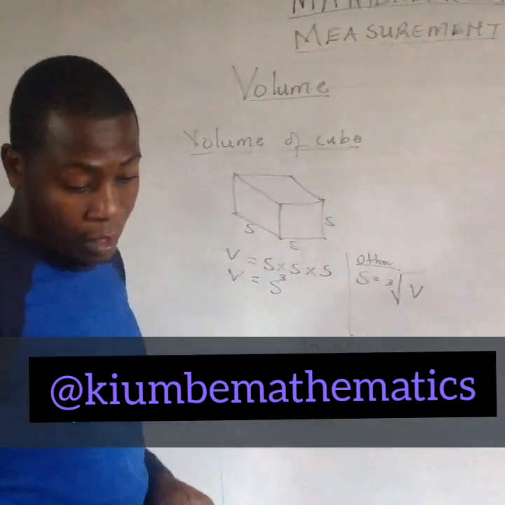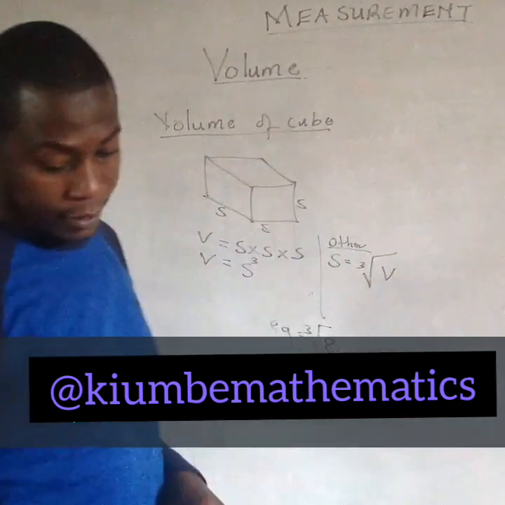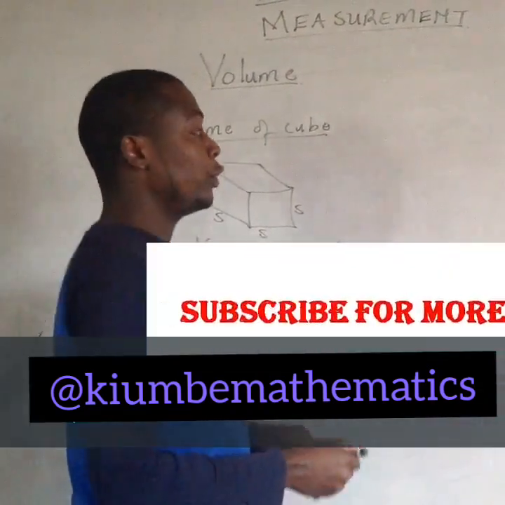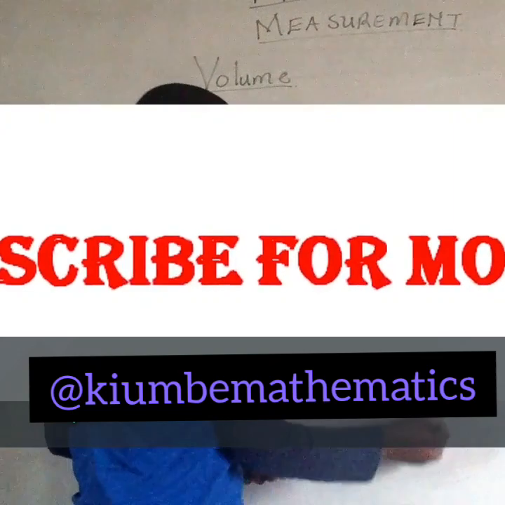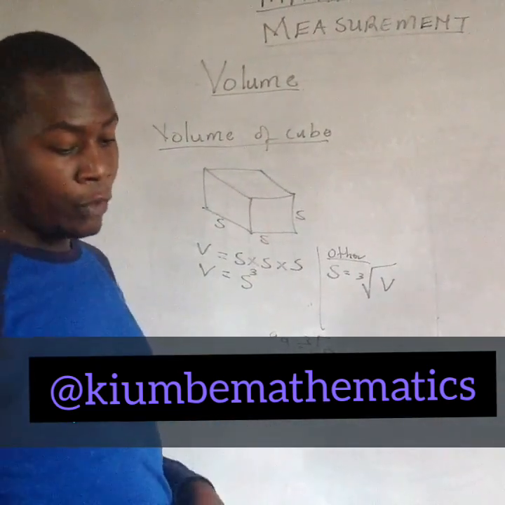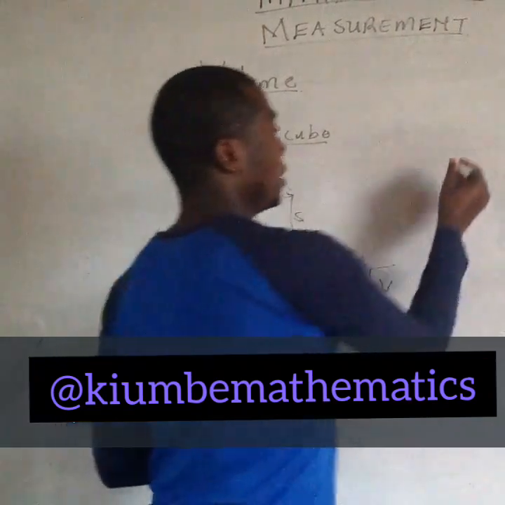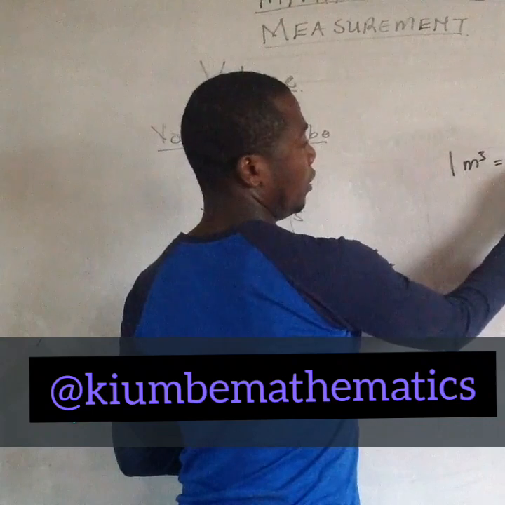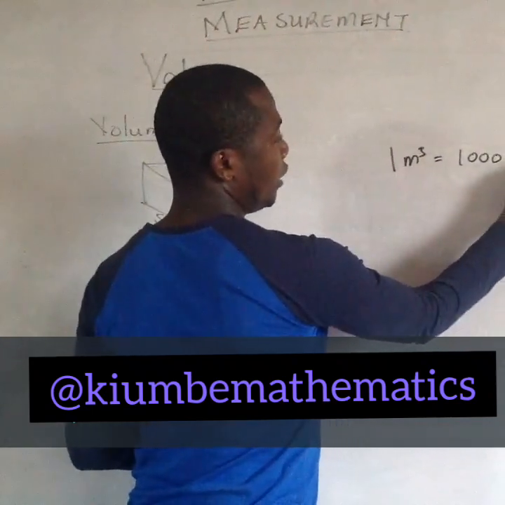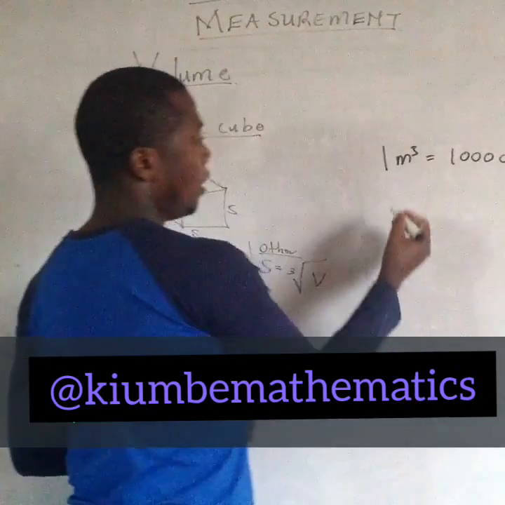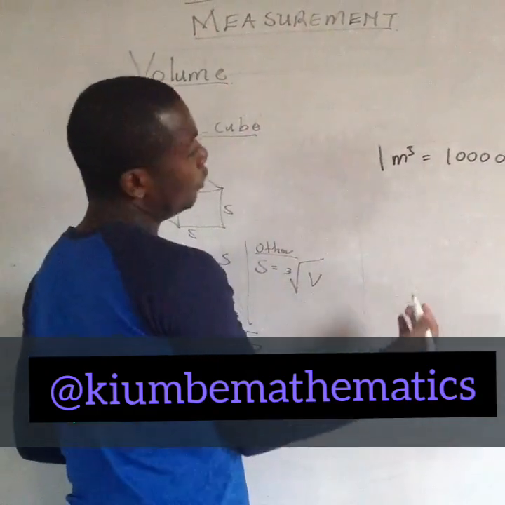So, to do that, all those need some conversions. And the conversion of units, basically the major one we should be looking at is conversion of meters. 1 meter cubed is equivalent to 1 million centimeters cubed. But how is this normally achieved?